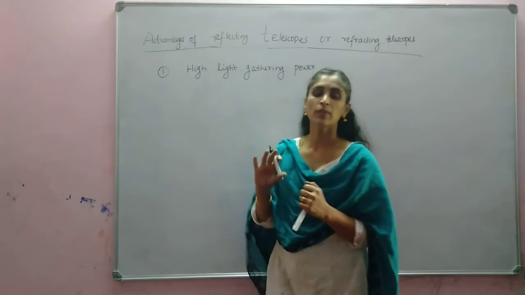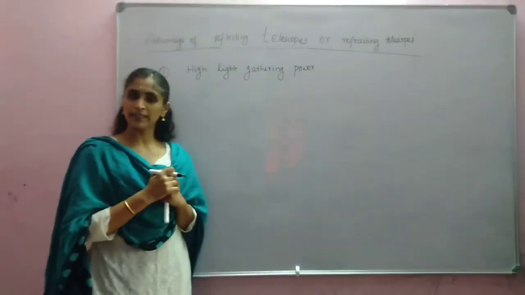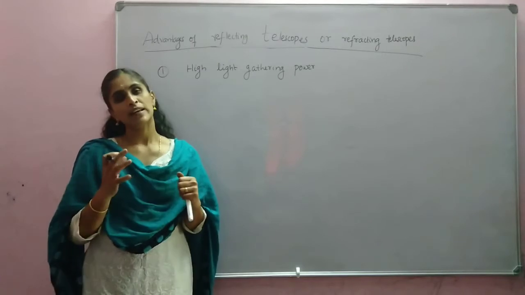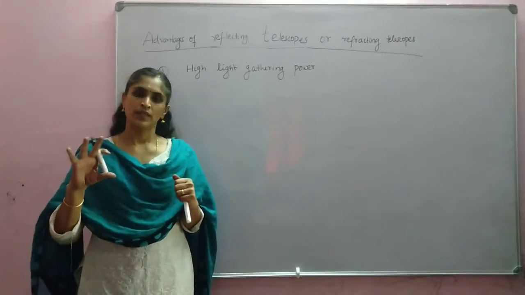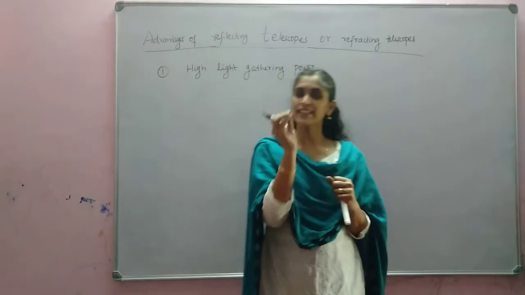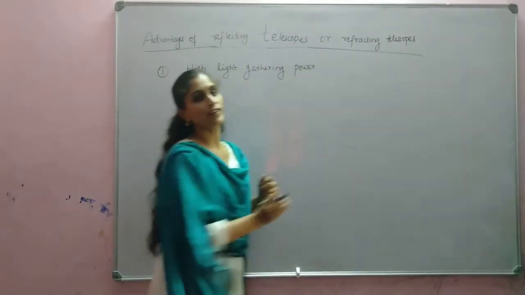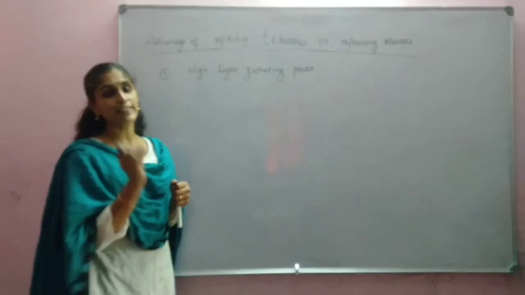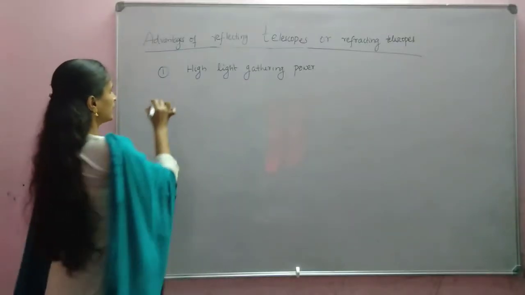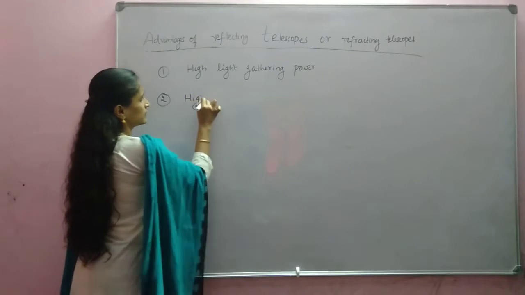If more light is collected, the image will appear very bright. So even a fainter star can be seen clearly in a reflecting telescope because of its high light gathering power. The next one is high resolving power.